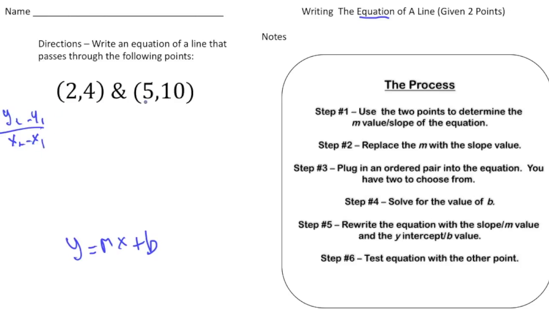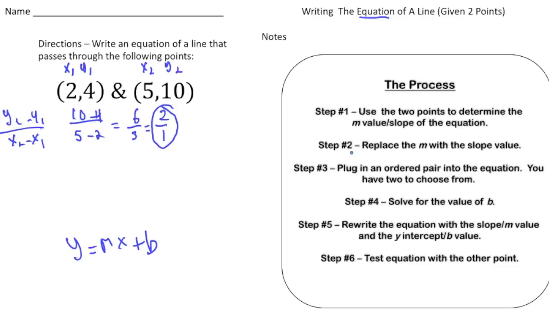Let's identify the 2 as our x1, the 4 as our y1, the 5 as our x2, and the 10 as our y2. So it's 10 minus 4 over 5 minus 2, which is 6 over 3, which reduces down to 2 over 1. That is step number 1.